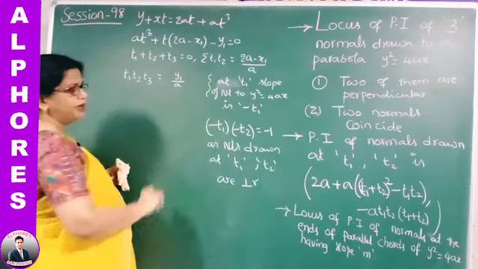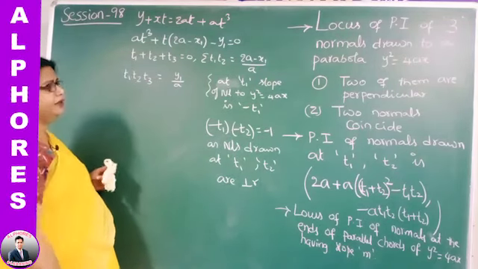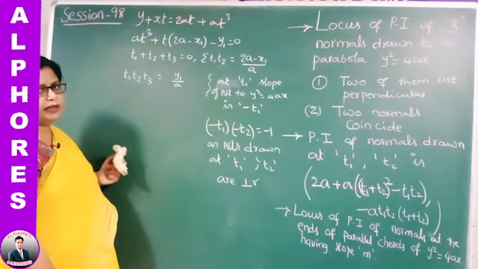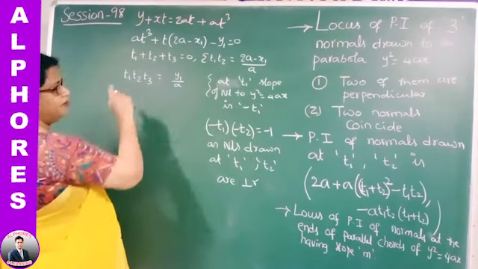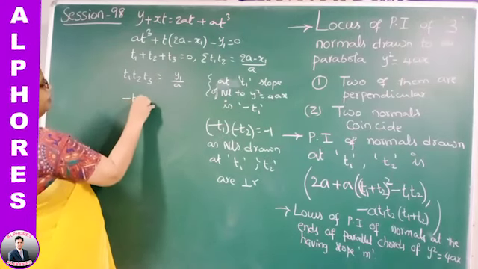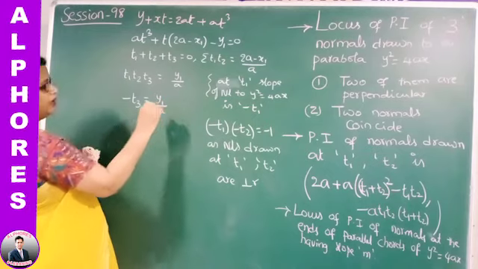Therefore we got the product of slopes equal to minus 1. That implies t1 t2 is minus 1. Let us substitute this value. Therefore minus t3 equals y1 divided by a.